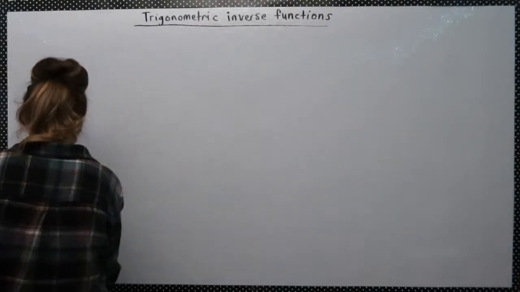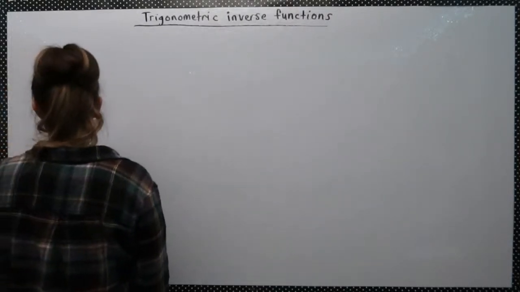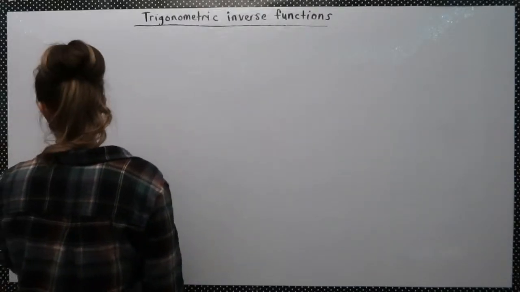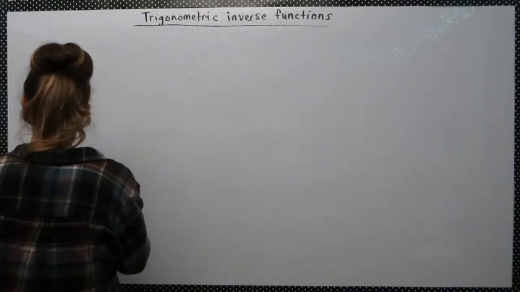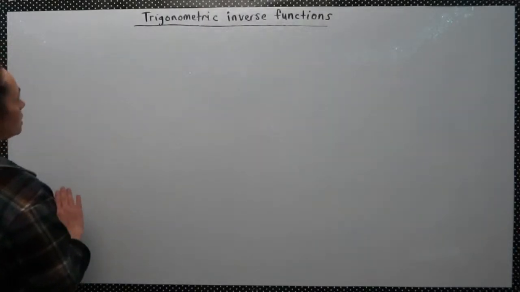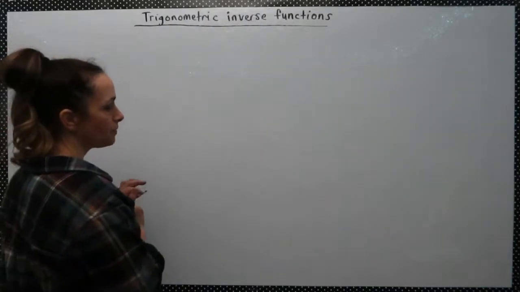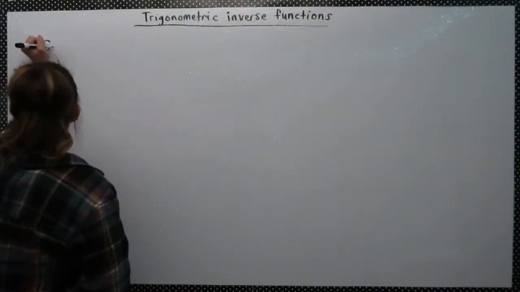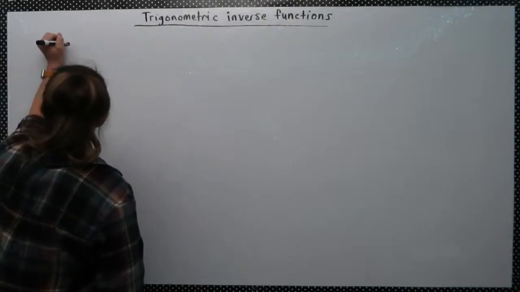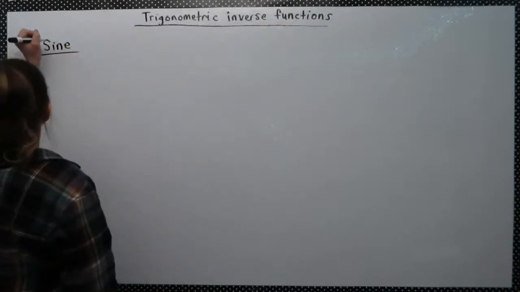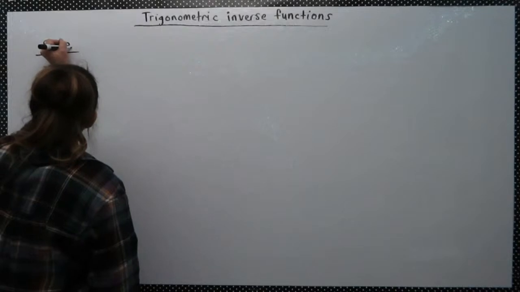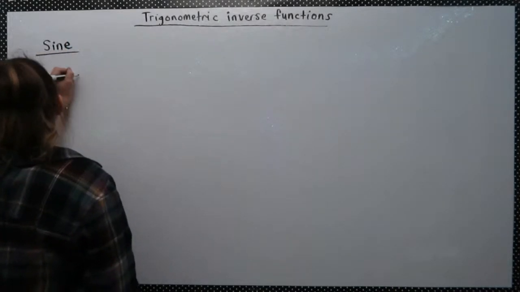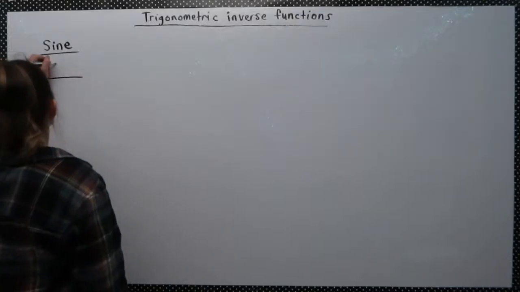Yesterday we sketched the graph of the sine and the cosine, and we talked about how the sine and cosine functions were functions, but they weren't invertible because they're not one-to-one, whenever you have these repeating values in this table.